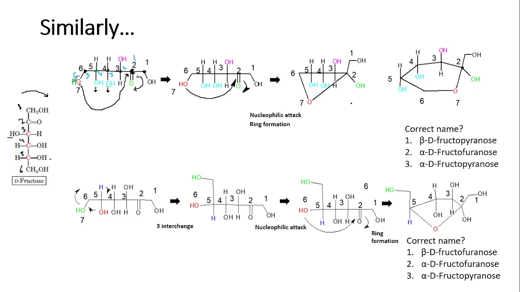The tricky thing while doing this is that because we are drawing this like a planar structure, the OH groups on the other side are not really losing their orientation. See, the position 4 and 5 OH are still pointing down, and the position 3 OH is still pointing up. Now this is the glycosidic bond, the glycosidic OH.